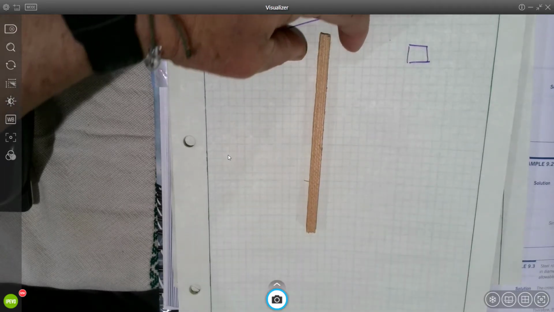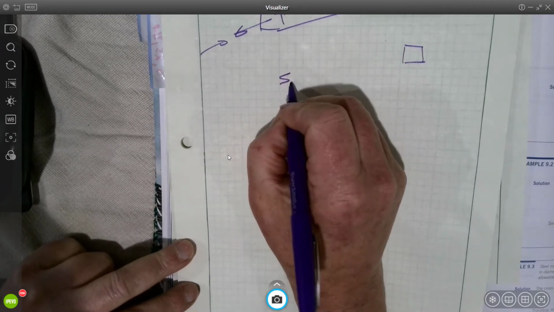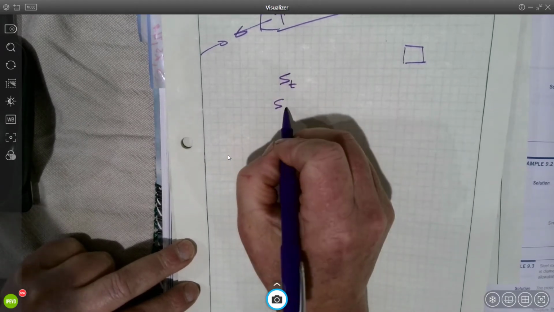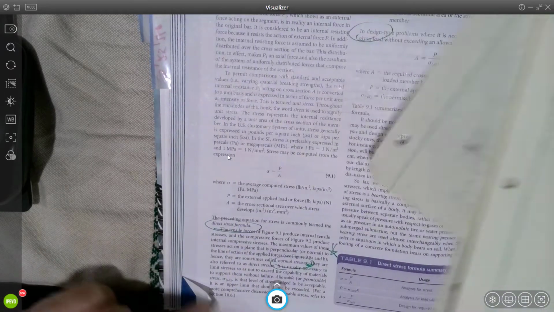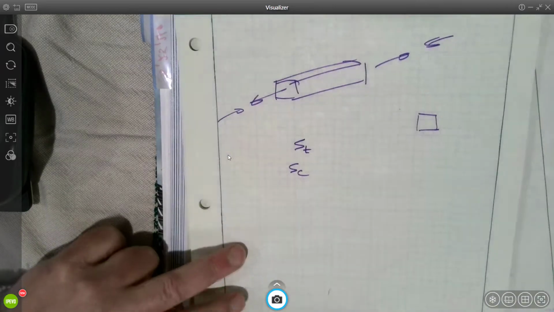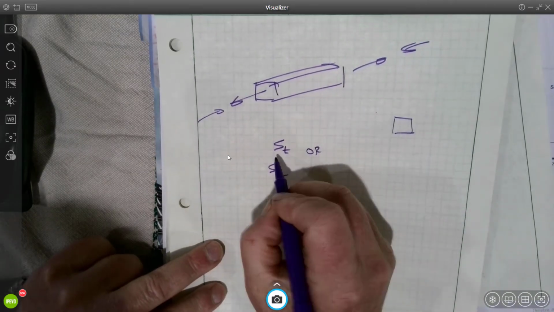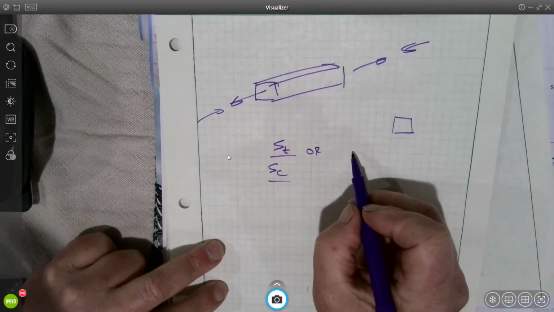Sometimes the stress that we consider, whether it's tensile or compressive, they use the Greek symbol sigma. So we will use sigma also. Some books you'll see the S, some books you'll see a sigma.